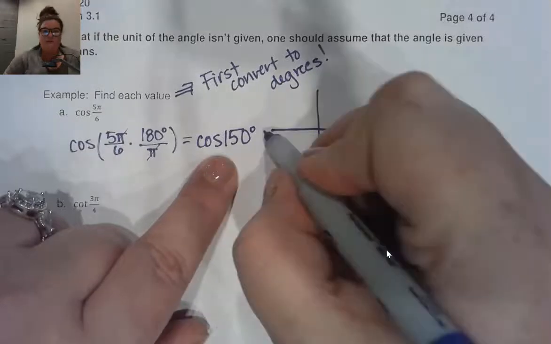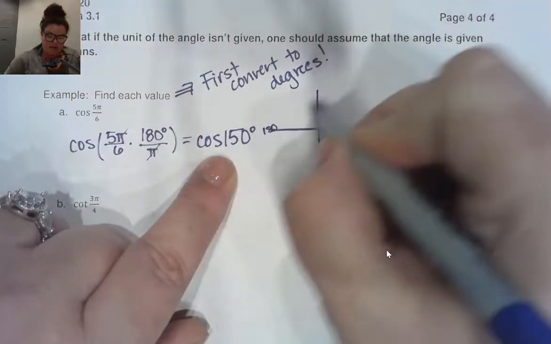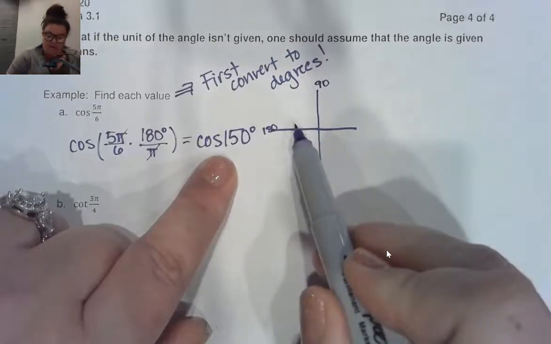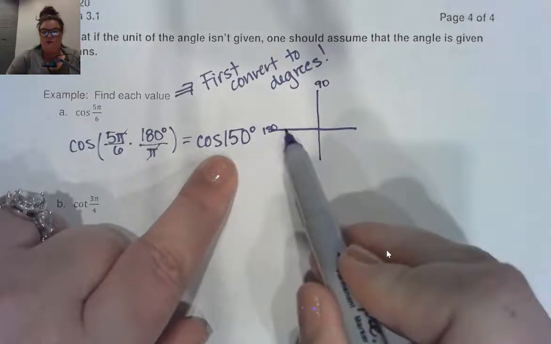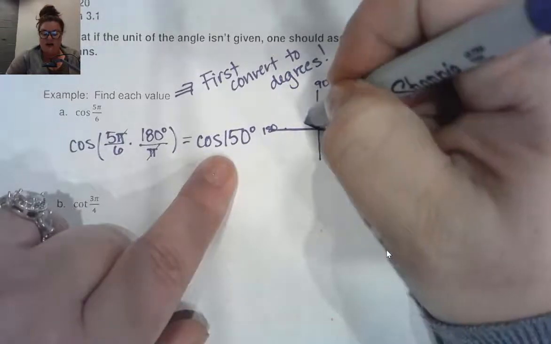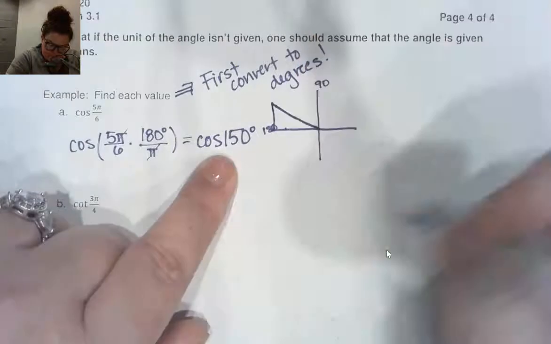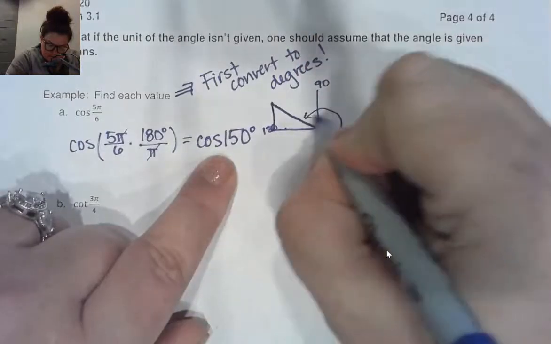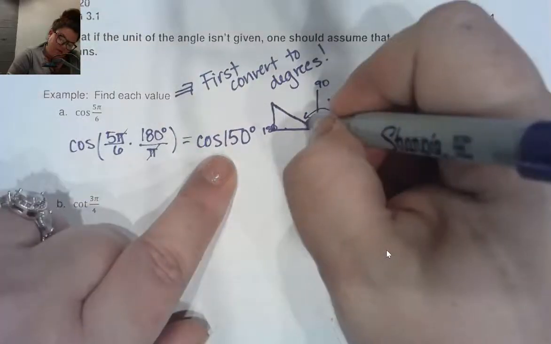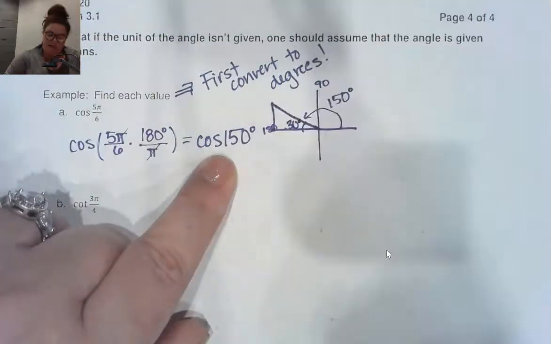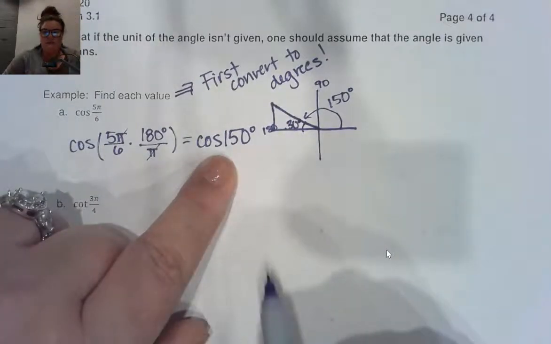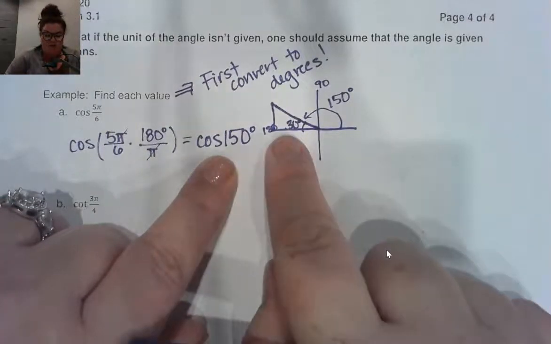If I think about my reference triangle, okay, this is 180 and this is 90, so I know it's going to be over here in quadrant 2, and 150 is 30 degrees shy of getting to 180, right? So I'm going to go ahead and draw, this is my 150, right, and it's a 30 degree angle here, because it's 30 degrees shy of getting to 180, right?